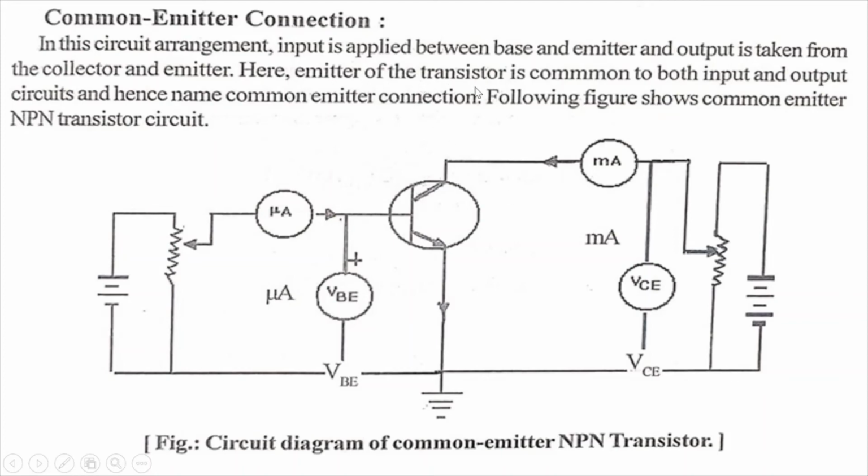Here the emitter of the transistor is common. See, this emitter terminal is common to the input circuit and output circuit, and hence the name common emitter connection.